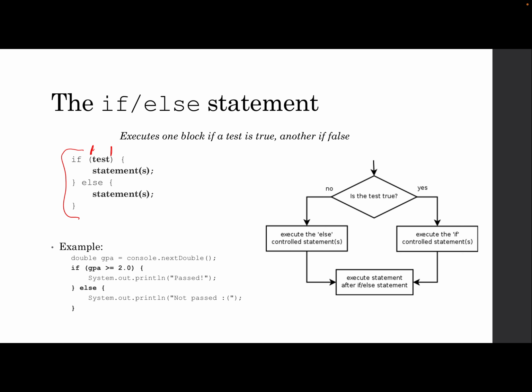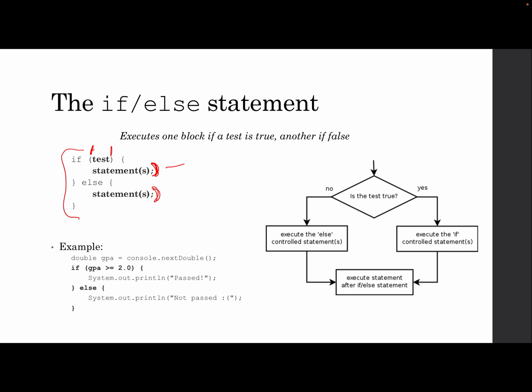The important things being the test condition needs to be inside of these parentheses. So if this condition is true, then you run these statements, else you run these statements. So if the condition were false, then you're going to run the statements in the else block. So exactly one of these two blocks is going to execute. You're never going to get both, and you're never going to get neither of them. It's always going to be exactly one of them.